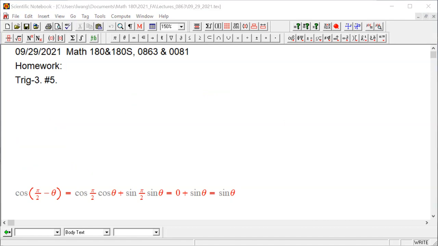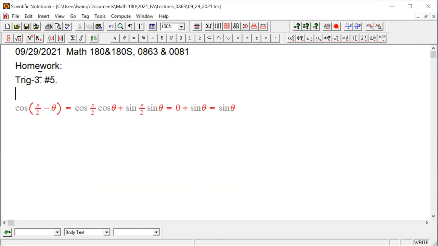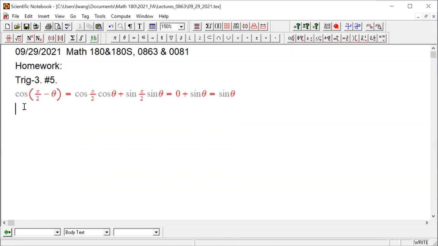If you're into deriving like what we did, so this is number 5, trig 3A, number 6. If you're into deriving, what you can do with tangent. Which way do you prefer? Did you do the deriving way?